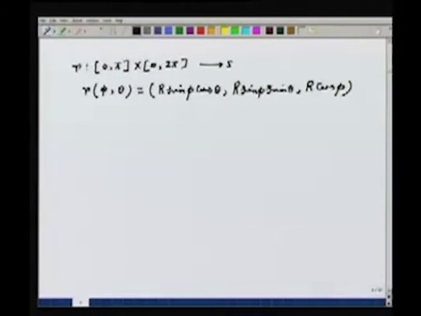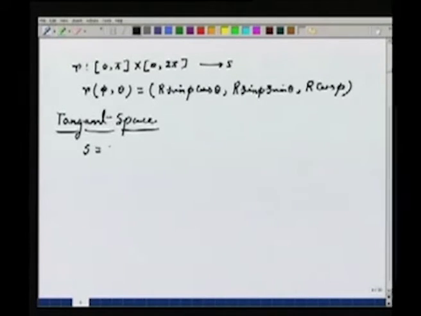Now, after understanding the basics of surfaces, let us go to the tangent spaces. That is one concept we will be needing. You already know it, so I will just recall it and try to be very short. Suppose I have a parametric representation of a surface S, S equals phi of u, v, where (u, v) belongs to some subset of R2.